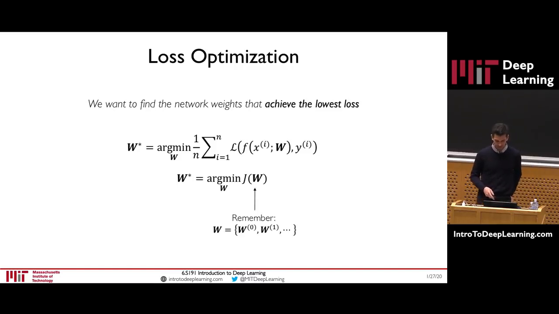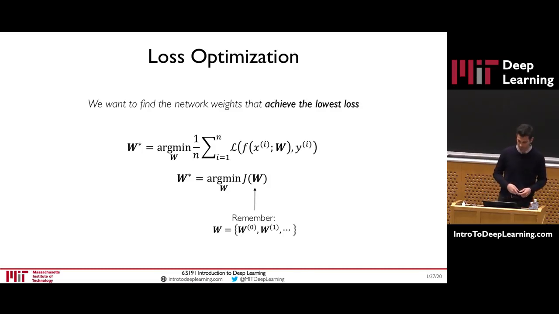Now, remember that W is just an aggregation or a collection of all of the individual W's from all of your weights. So here, this is just a way for me to express this in a clean notation, but W is a whole set of numbers. It's not just a single number. And you want to find all of the W's. You want to find the value of each of those weights such that you can minimize this entire loss function.